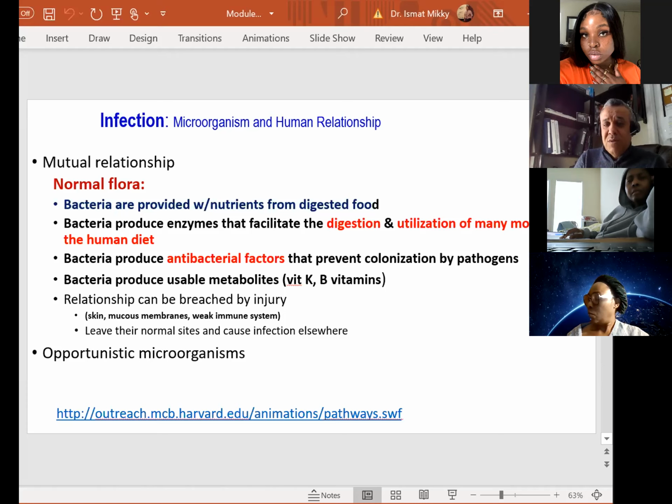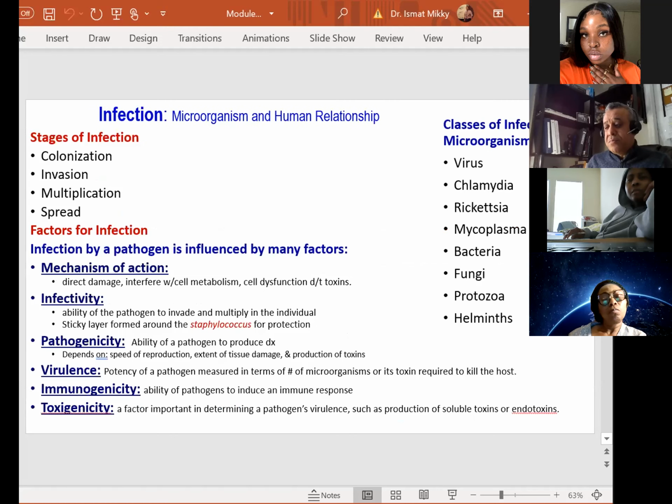So these microorganisms normally have a mutual relationship with our body. They benefit, we benefit from them. But at some point when our immune system becomes incompetent, immunosuppressed, that's when these microorganisms become active and no longer beneficial. They become harmful.